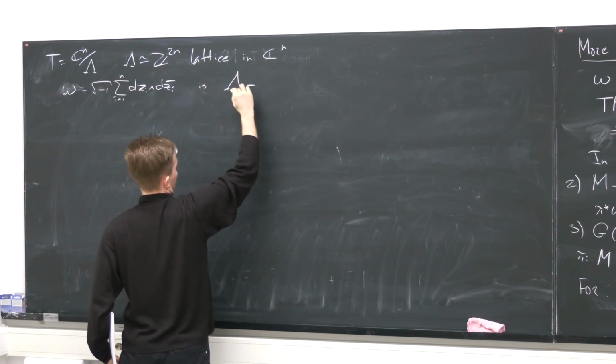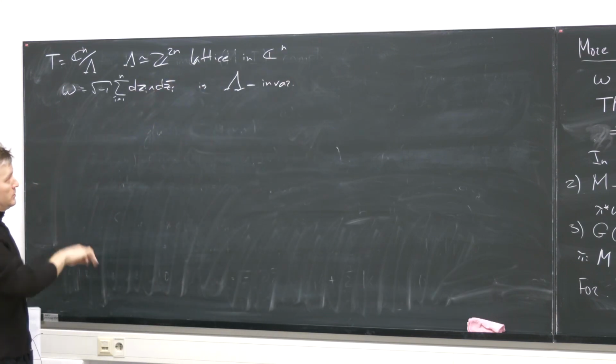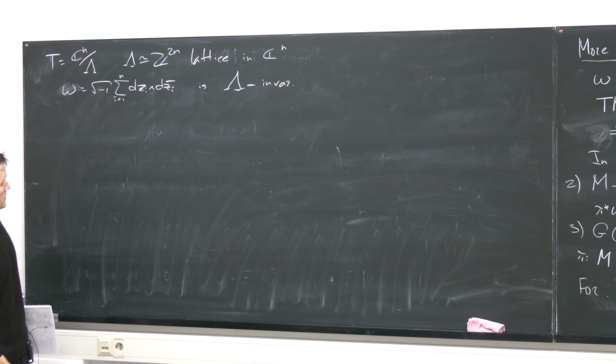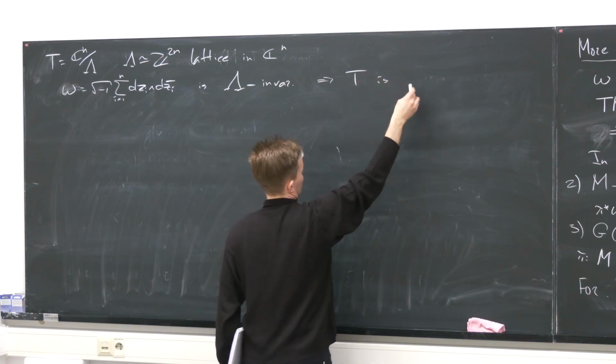It is Λ-invariant. I mean, Λ acts on Cn by translations. Obviously this form is invariant under translations, and so it descends to the torus. So the torus is a Kähler manifold.